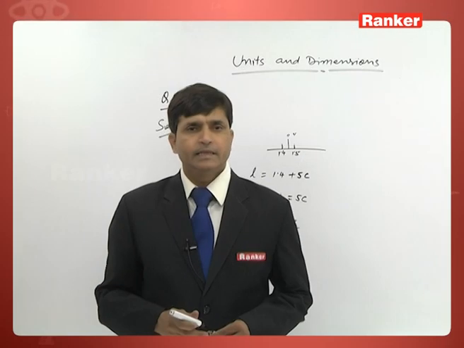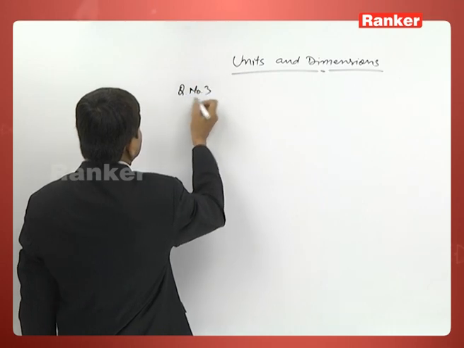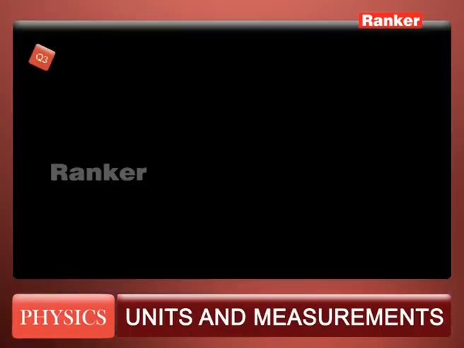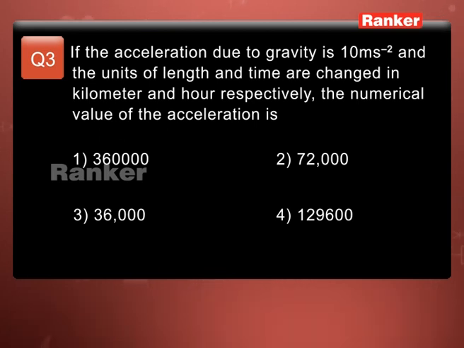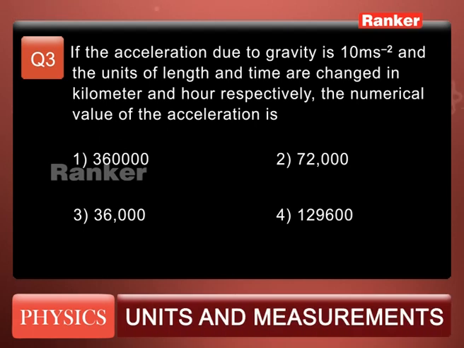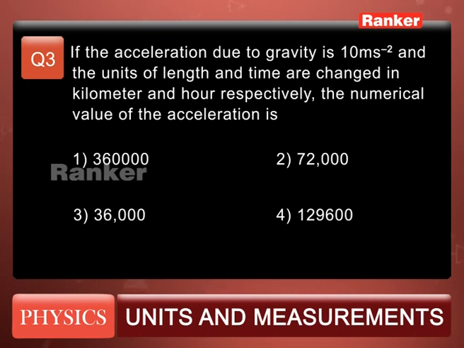Now come to the next question, question number 3. Question is that if the acceleration due to gravity is 10 meter per second square and the units of length and time are changed to kilometer and hours respectively, then the numerical value of the acceleration is given as.